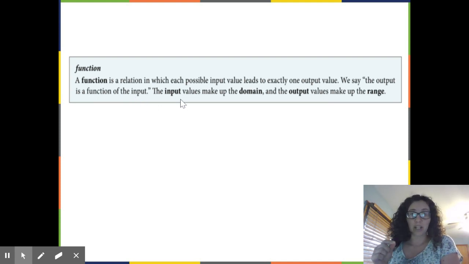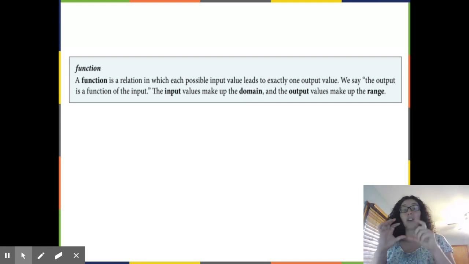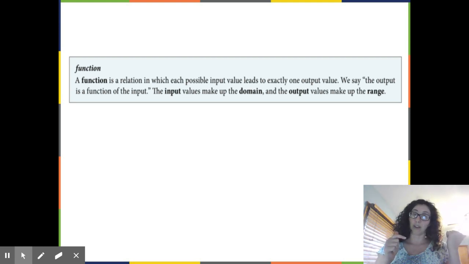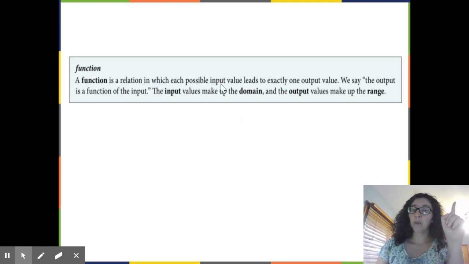So we put an input in, the input values make up the domain, and the output values make up the range. And I know in previous math classes, maybe we've thought of a function box. You put a value in, and out comes an output value, right? And the important thing about functions is each possible input value leads to exactly one output value.